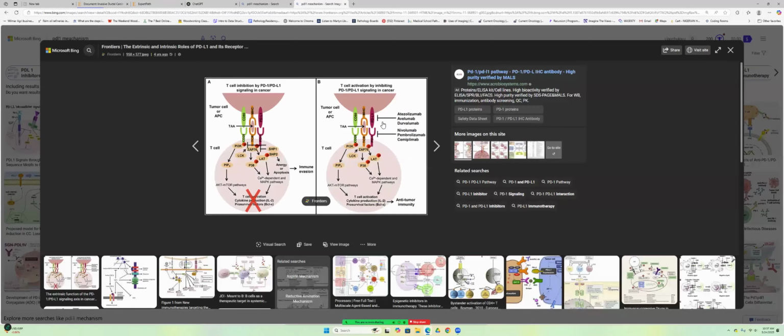Normally, T cells kill tumor cells. This is a T cell, and this is a tumor cell. So how do tumor cells evade killing? They use their PD-L1 to bind to PD-1 on T cells and cause the T cells to undergo exhaustion or apoptosis.